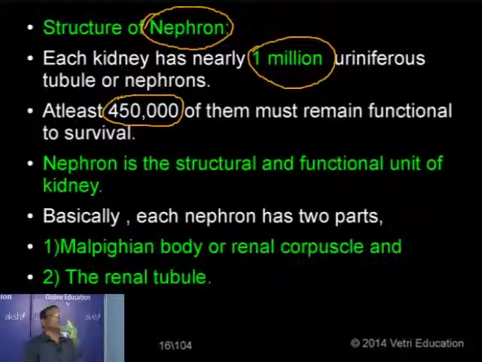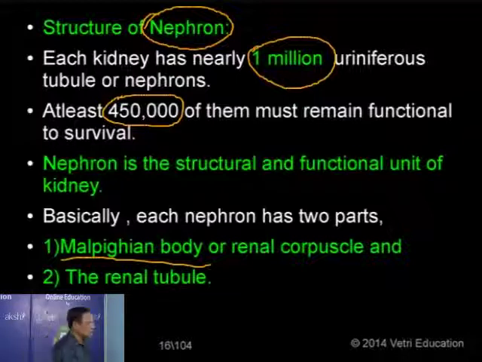Now, what are the components of a nephron? Basically, a nephron is formed of 2 components. One is the filtering body, namely the Malpighian body or renal corpuscle. It is also called the renal corpuscle. So there are 2 components. One, the Malpighian body or renal corpuscle. It is the place of filtration.